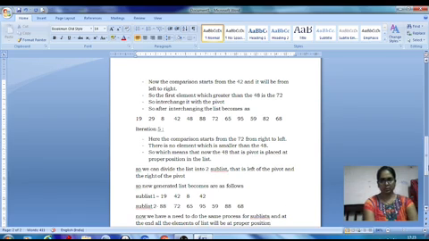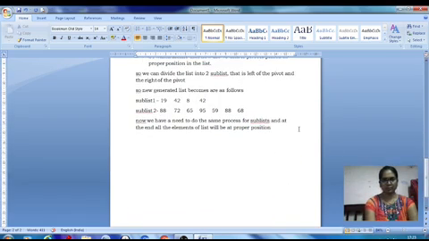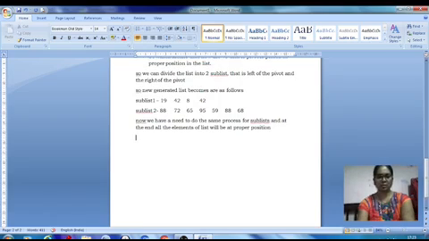So here I will do one more time with the sublist 1. So again, quicksort for sublist 1.